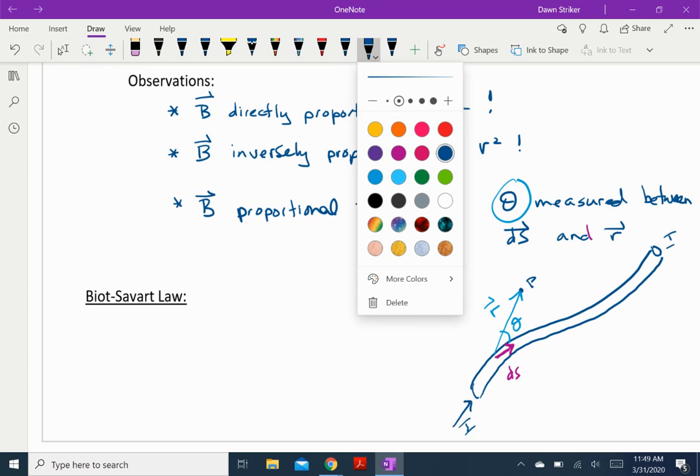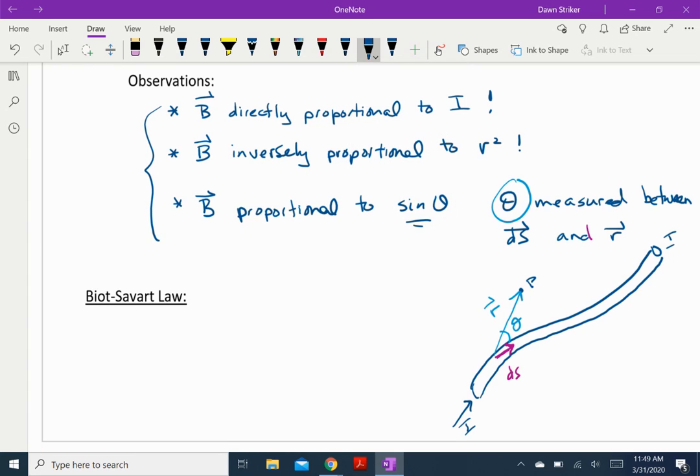All right. And so those are the observations that were made by Biot and Savart and led them to the Biot-Savart law for how to find the magnetic field due to a current, due to moving charge. Okay, B. So B is equal to, and it's going to be a cross product, mu sub 0, a fundamental constant in physics, mu sub 0 times I divided by 4 pi times the integral of that little ds crossed with r hat.